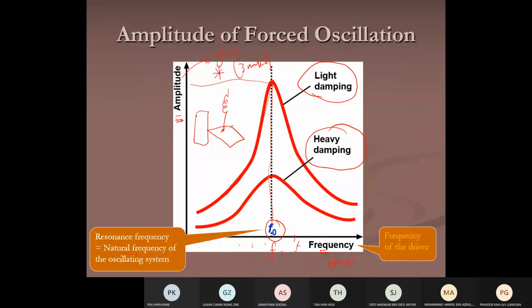But in reality, the peak will move a little to the left, like this. This is the most heavy damping one. With heavy damping, the peak will be achieved at a lower frequency; the natural frequency gets shorter and shorter with heavy damping.